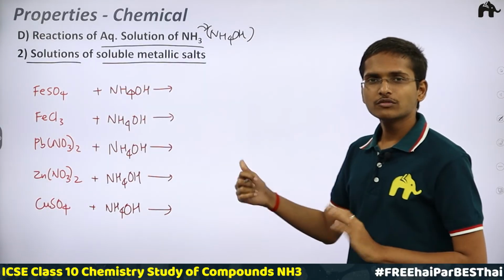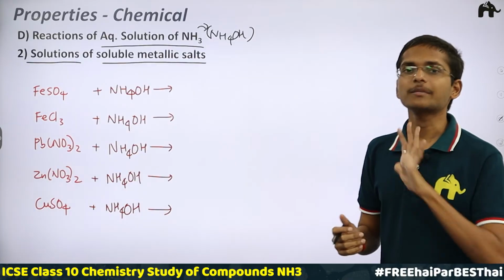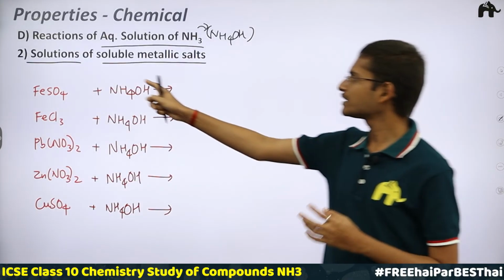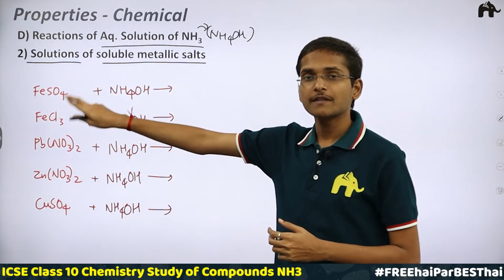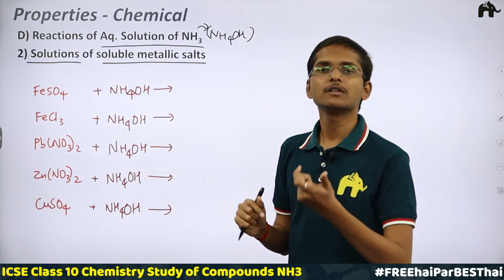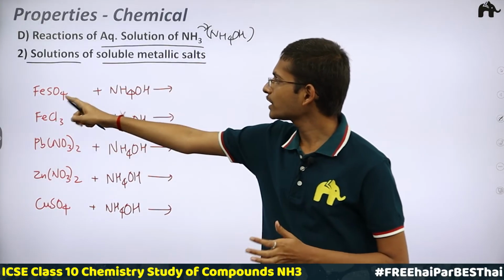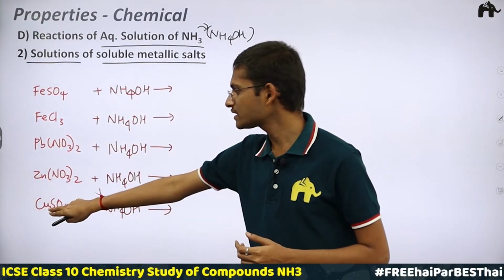But let me tell you that we have already studied these reactions in analytical chemistry, chapter number 4, where we studied the reaction of ammonium hydroxide with metallic salt solutions of Fe2+ soluble salts, Fe3+ soluble salts, Pb2+ soluble salts, Zn2+ soluble salts, and Cu2+ soluble salts.